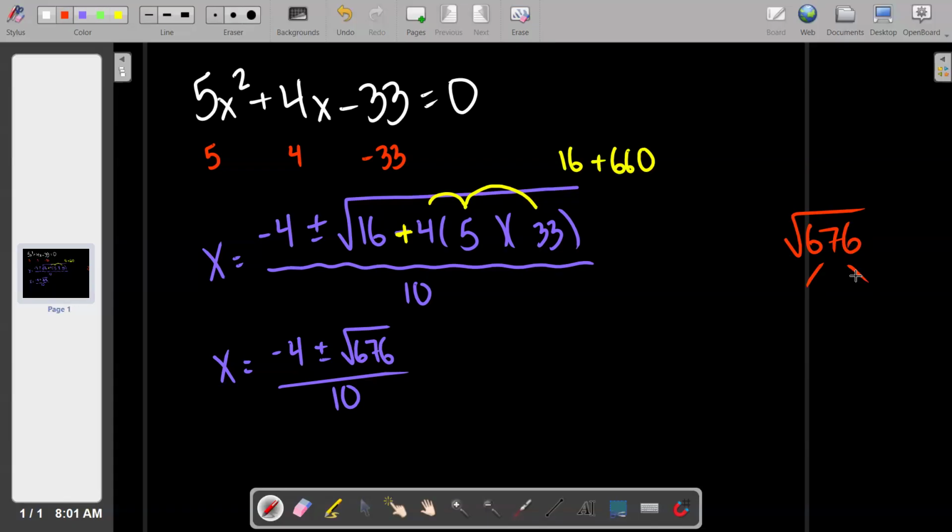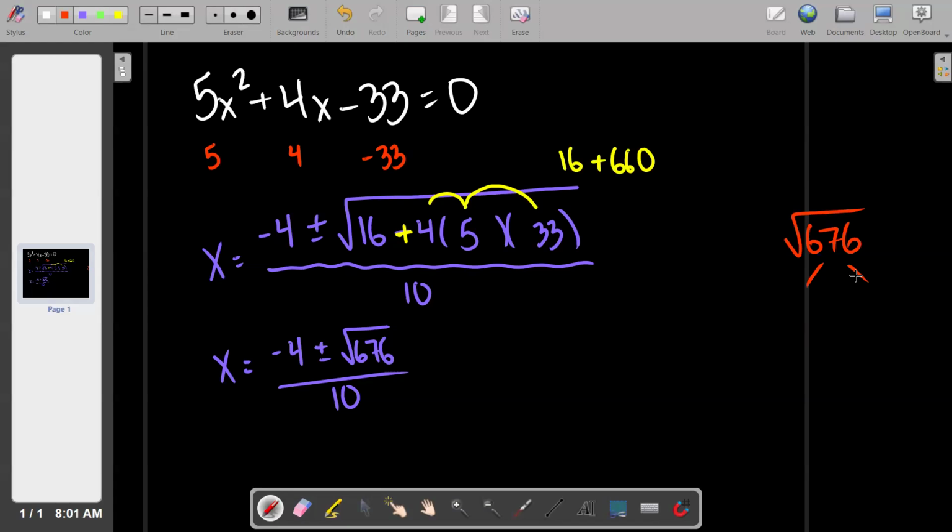I would encourage you to grab your calculator and make sure you know how to use your own square root button. And what I like to do is just check, just for the heck of it, to see if maybe this number is square rootable on its own. I don't know. So I type in the square root of 676. I hit enter, and that was time well spent, because what it tells me is that I don't even need a square root when I'm done.